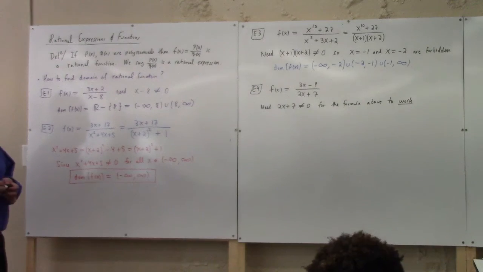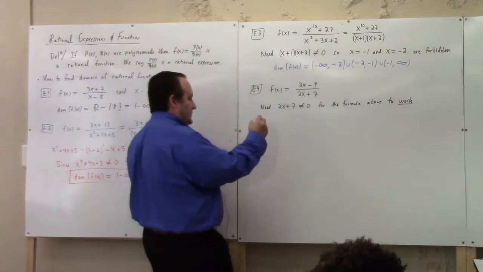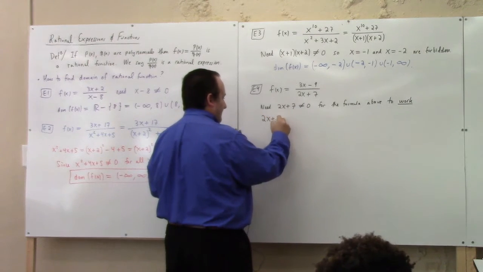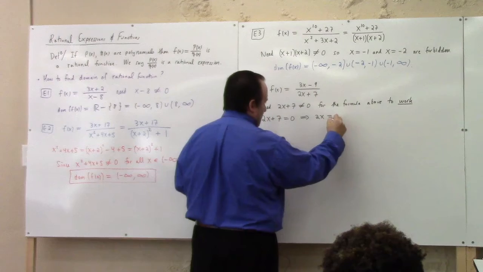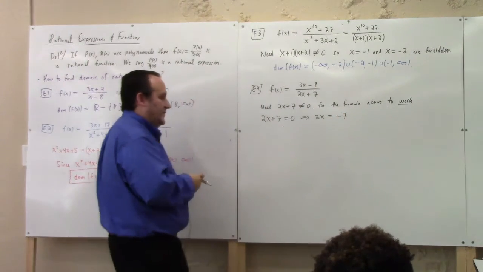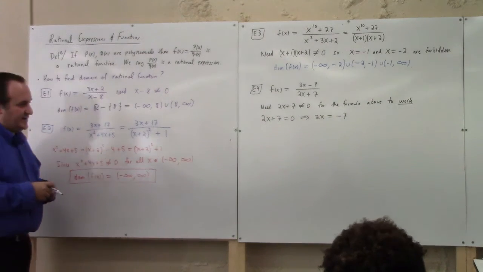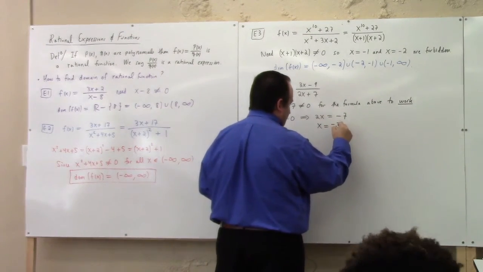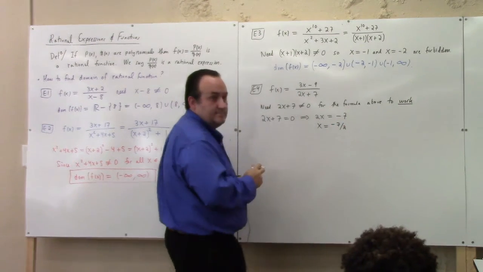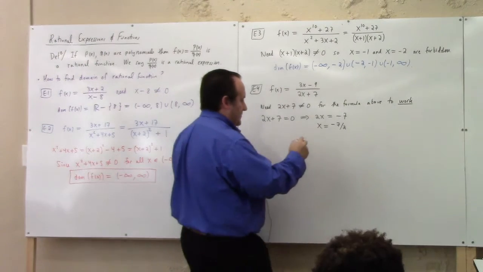So when is 2x plus 7 equal to 0? So 2x plus 7 equals 0 tells me what? It tells me 2x is minus 7, right? And then divide both sides by 2, what do you got? So there we go.